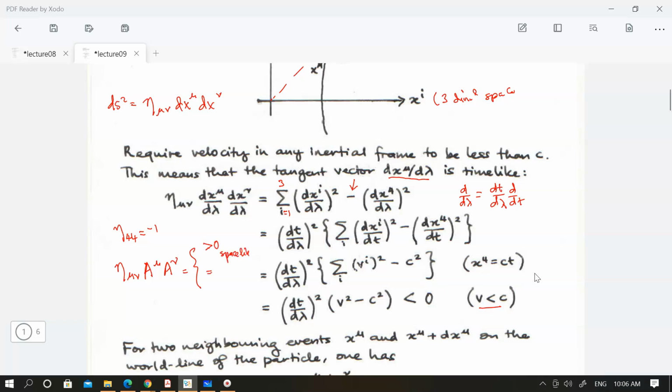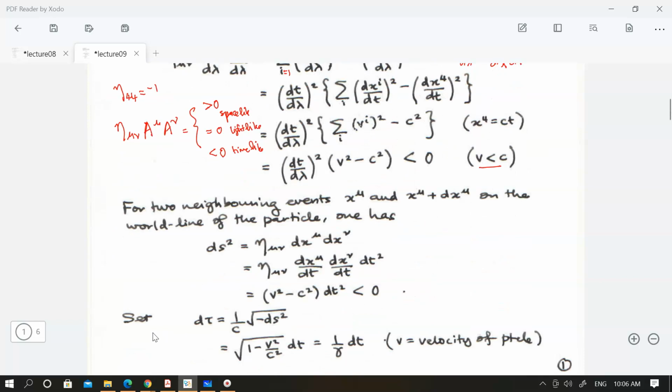If it's equal to 0, then you have your light-like. So this behaves like your light, for example. Then less than 0 will be time-like. So this is essentially a time-like vector, which is what we want.